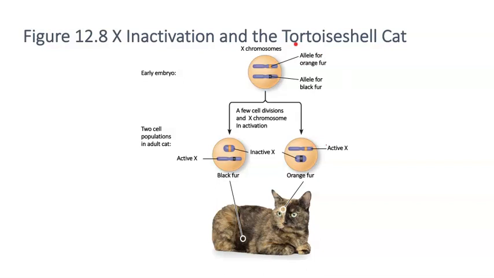And so you get this appearance called tortoise shell, where some of the cat is black and some of the cat is orange. So there's 2 separate cell populations in this cat, black and orange. I think that's really cool, and it's a good introduction to the concept of Barr bodies.